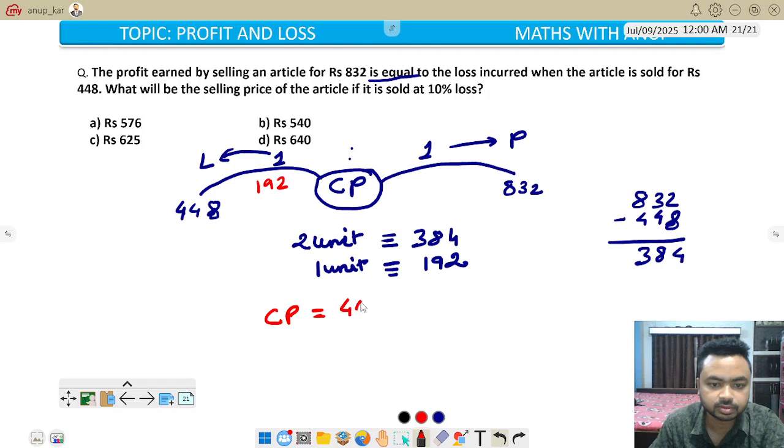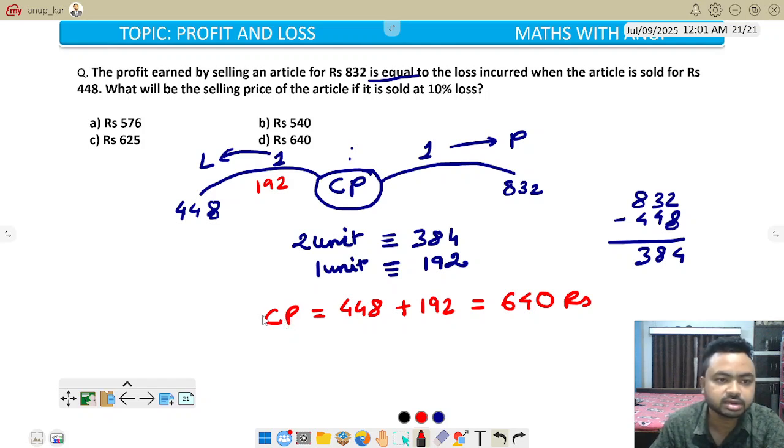So it will be 448 plus 192, which comes out to be 640 rupees. So what I have been asked, you have not been asked to find the CP only. Cost price you have got, fine. Now what will be the selling price of the article if it is sold at 10% loss?